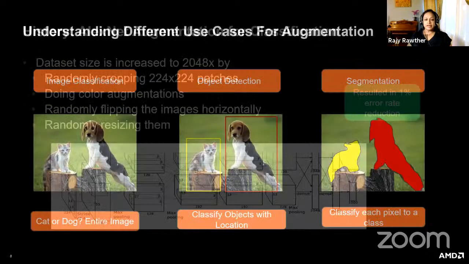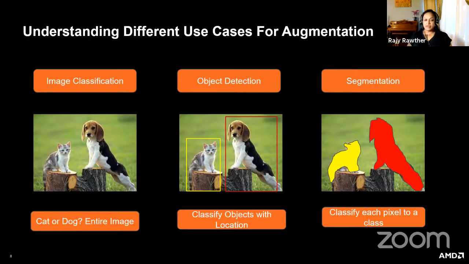Before I go through the details of data augmentation, I want to go through the common use cases of data augmentation in computer vision. As you can see in this diagram, there are 3 use cases: image classification, object detection, and segmentation. In image classification, you are classifying an entire image into a category.